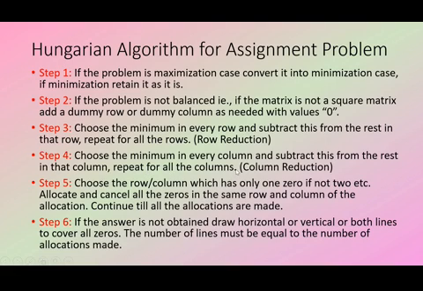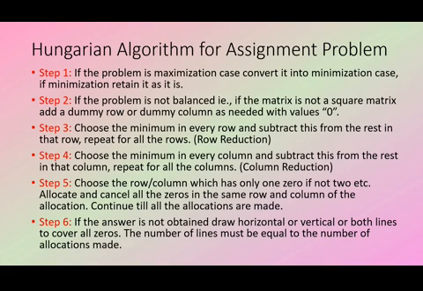The same procedure we did for rows, we are just following for the columns. Now you have a doubt. If the column has the minimum element as 0, what to do? If the column already has a 0, what to do? Consider 0 as the minimum element. The concept is very simple.